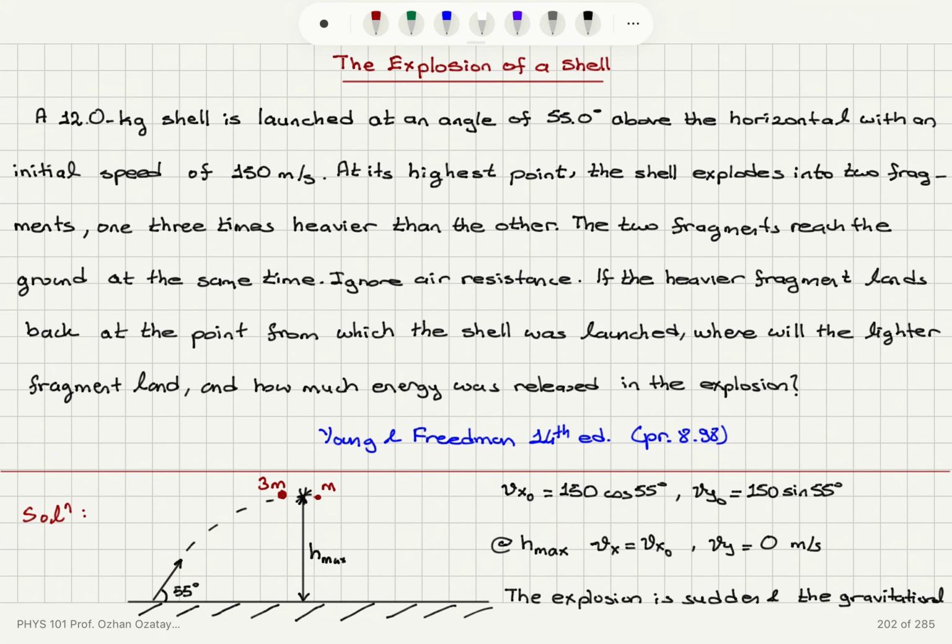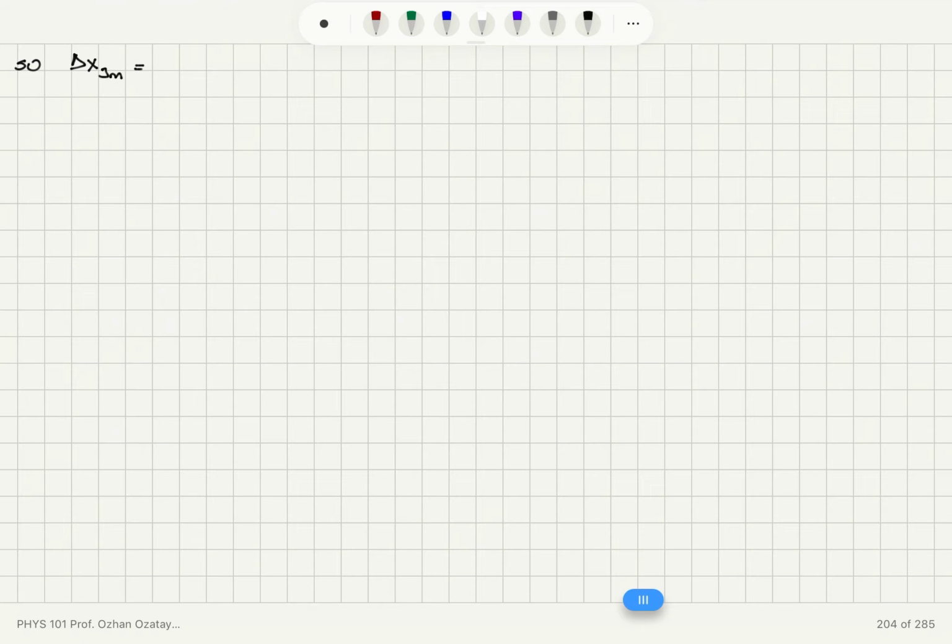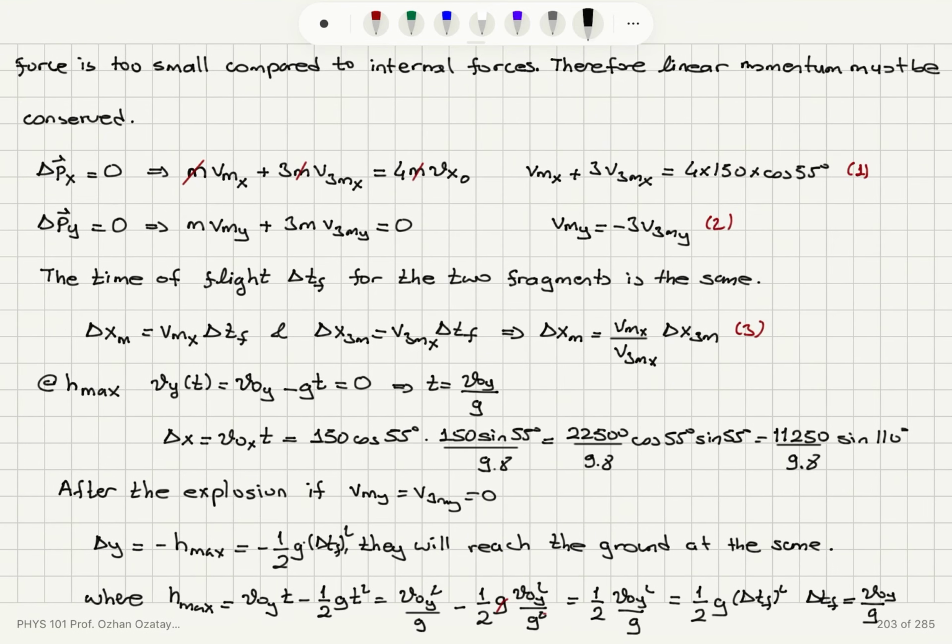So let's say that this is going in the negative direction. So this is basically minus delta x, which is minus 11,250 over 9.8 sine 110.